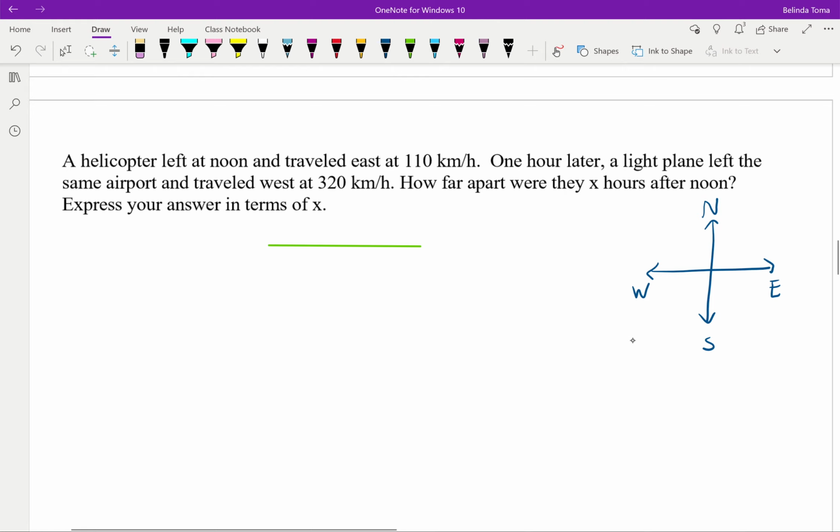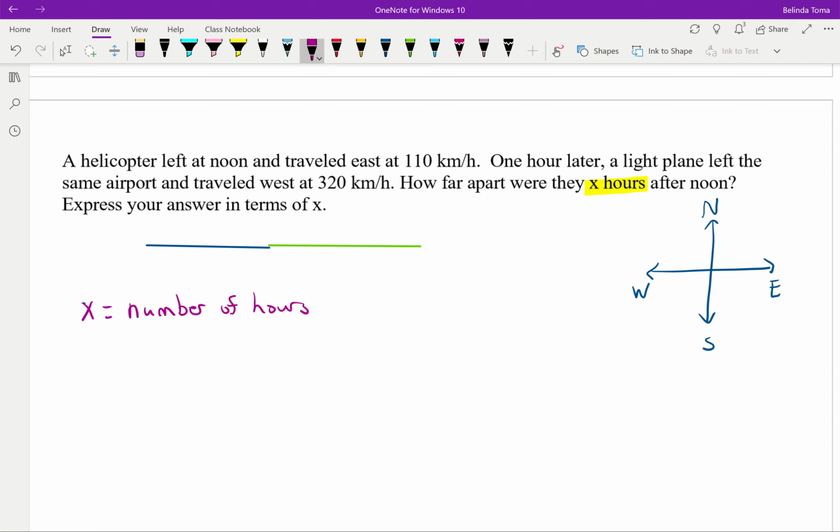All right, so let's think about the two pieces that we have. Because they've already defined it for us, x is the number of hours. So x equals number of hours.